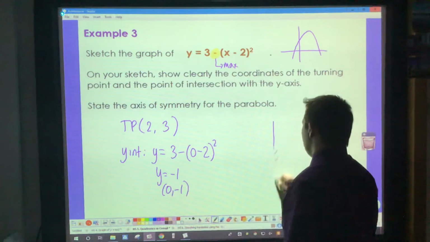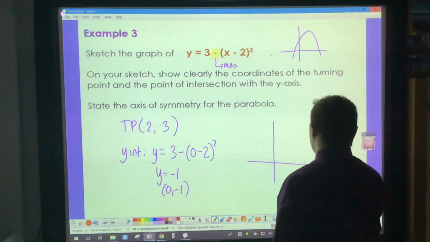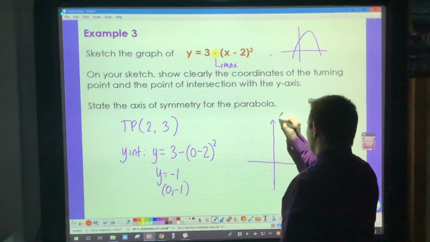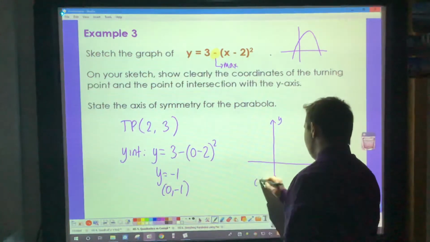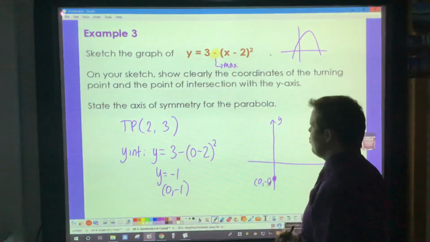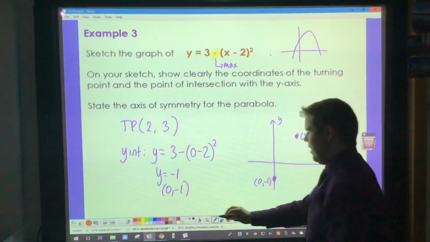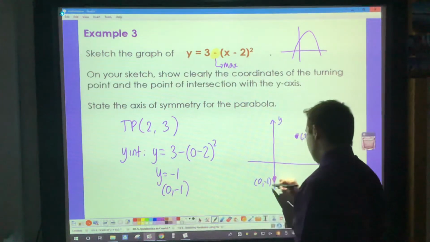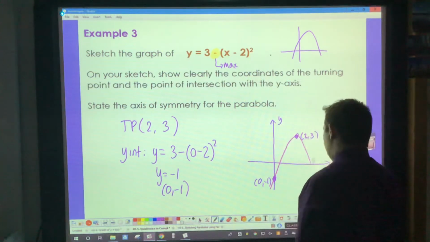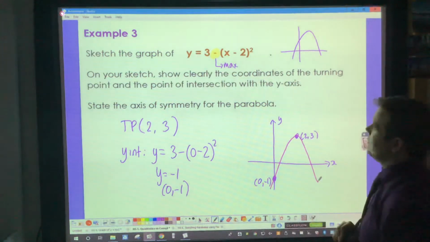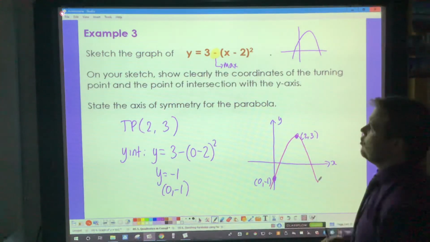And again, if you draw that, x and y, 0, negative 1 is there. 2, 3 is there. And then the final picture is going to go a bit like that. And that's a much better parabola. So, okay, that is us drawing them.